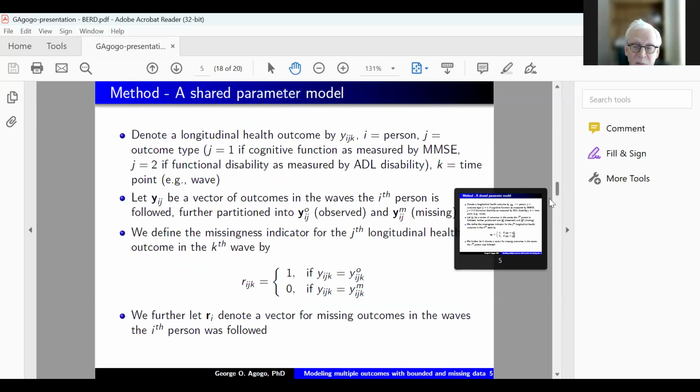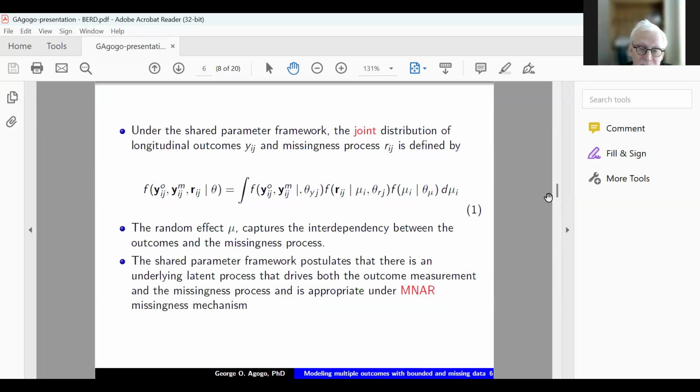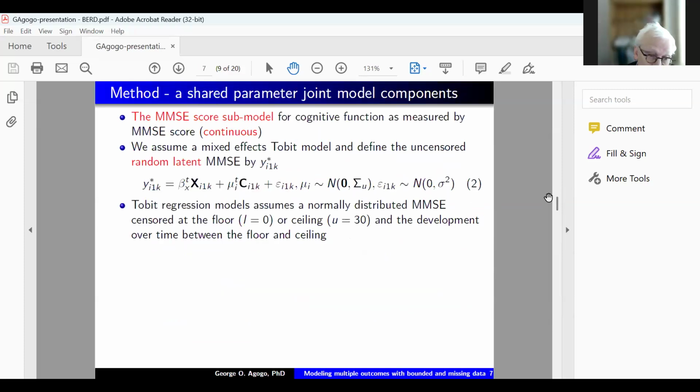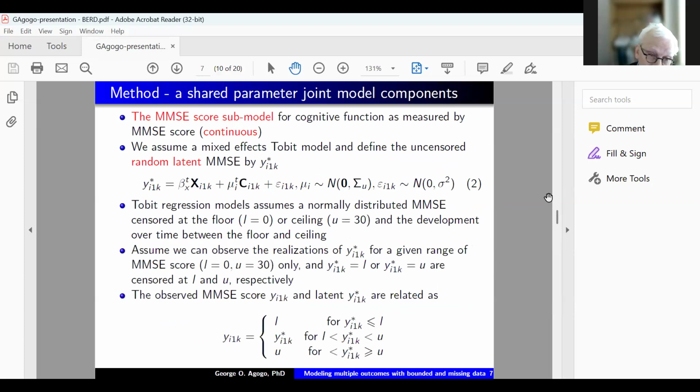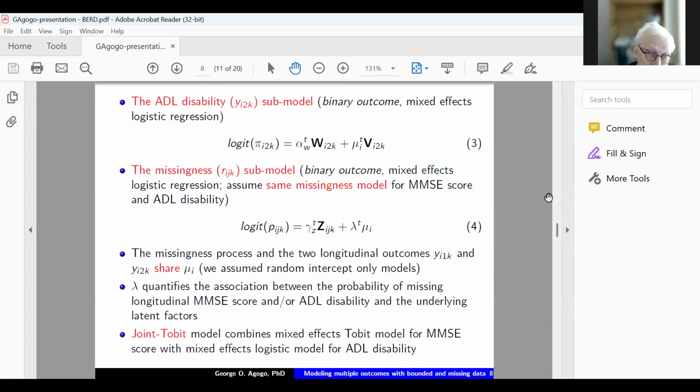You're estimating them simultaneously with this shared random intercept, which in this particular case is informing the 2 different outcome models as well as the missingness model. And in this case, it's assumed to be missing not at random. So it's very sophisticated statistical work. And we thank you for making us aware of this and helping us think through it.